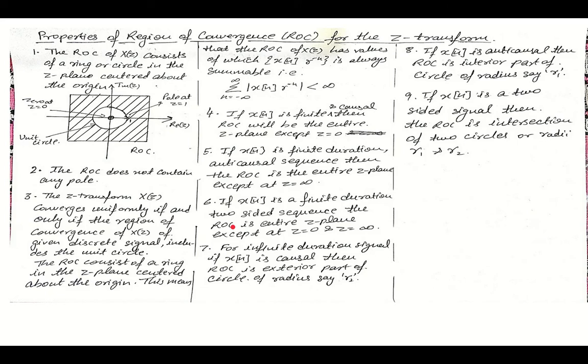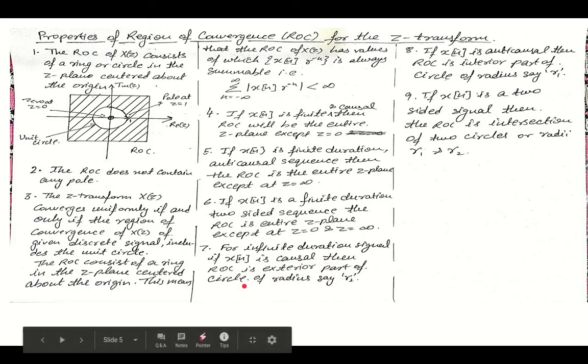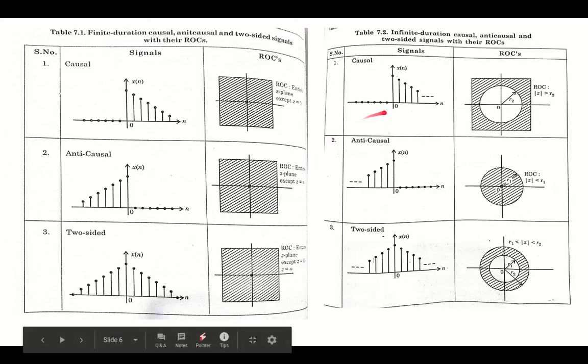Now the rest of the properties are for infinite duration signals. For an infinite duration signal, it says that if the signal is causal, then the ROC is the exterior part of the circle of radius, say R2. If we check the diagram, this signal over here is an infinite duration signal.